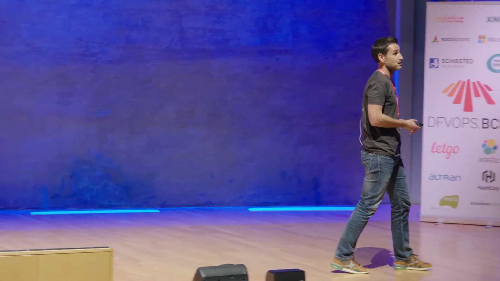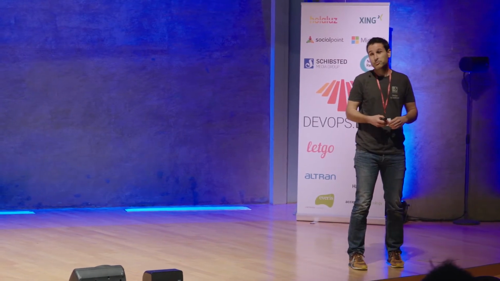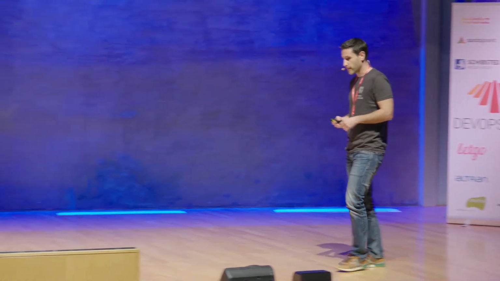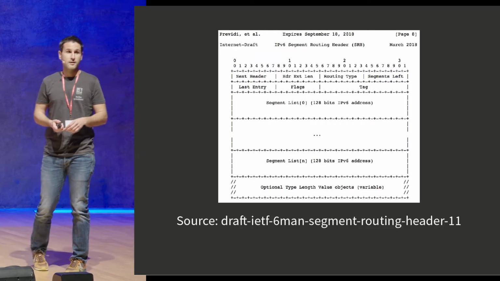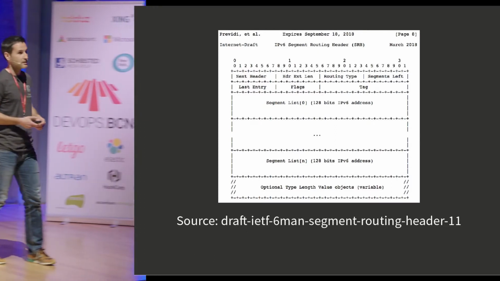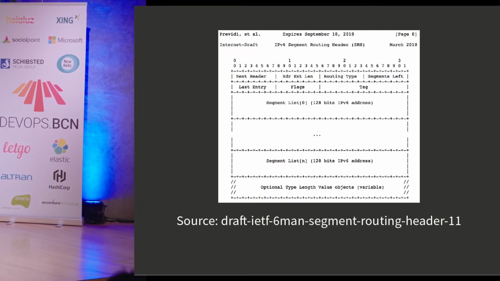Because networking probably is not the area in DevOps or in IT that has adopted the DevOps culture so far. So what is this presentation going to be about? We could spend this half hour talking about some cool new technologies like segment routing in IPv6 to do NFV chaining. This is cool stuff.